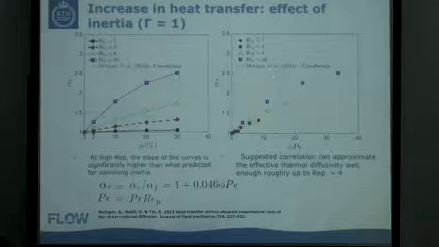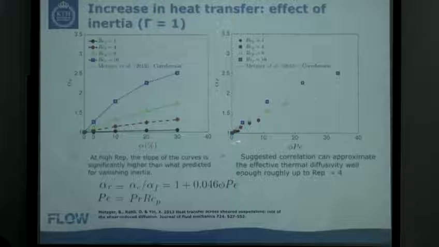They did a lot of experiments and some simulations, and came up with a correlation, which is this continuous line, which relates the effective heat transfer in the suspension, the ratio between the effective heat transfer and the nominal heat transfer in the absence of particles, to phi, the volume fraction of the particles, and the Péclet number, which is related to the heat diffusion.